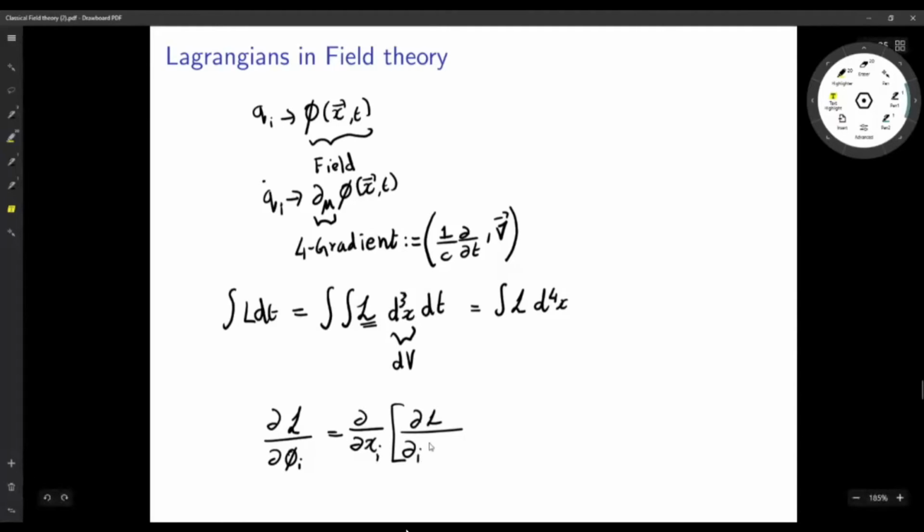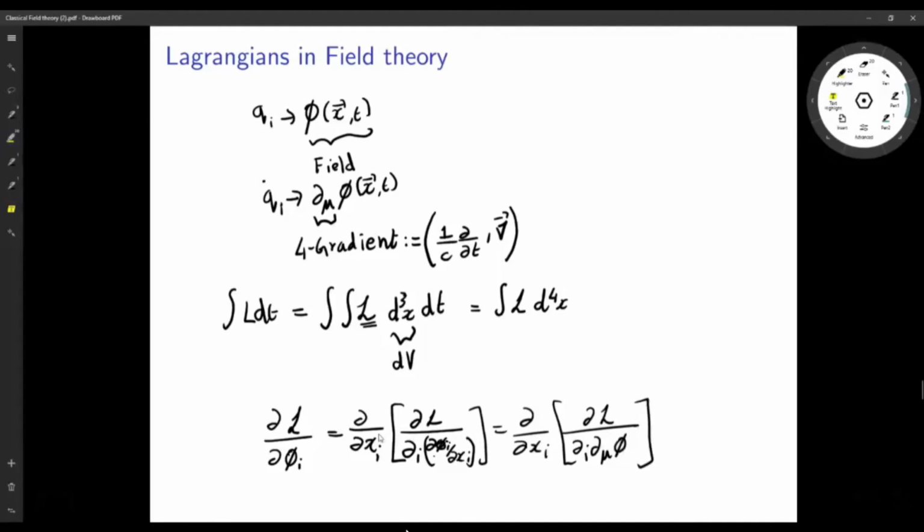The derivative of this with respect to the derivative of phi with respect to xi. The reason is because the derivative of phi with respect to xi is essentially just this 4-gradient. So I could then rewrite this as follows: ∂L/∂(∂μφ).